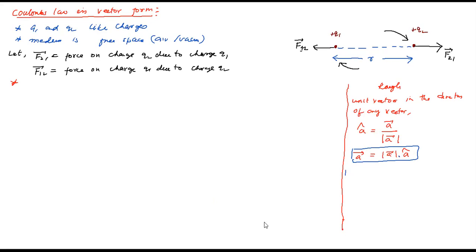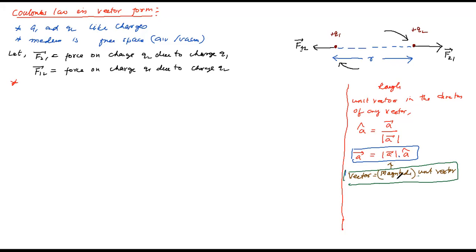Let me write with another color. So this is the vector, this is the magnitude, and this is the unit vector. Generally, a vector has the magnitude attached together with the unit vector.